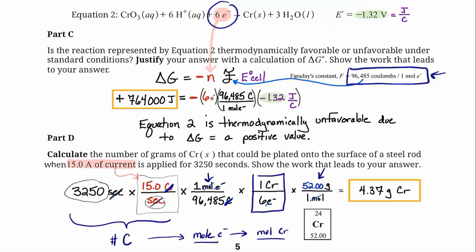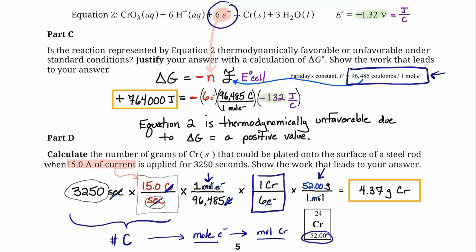And then the last step, of course, is converting to the mass of chromium, using the atomic mass given to us. Every time I'm doing an AP problem, I always write the atomic mass given to me to the hundredths place. In this case it was 52.00, so you didn't have to, but that's a good thing to do. In any case, you multiply that through, check your dimensional analysis.